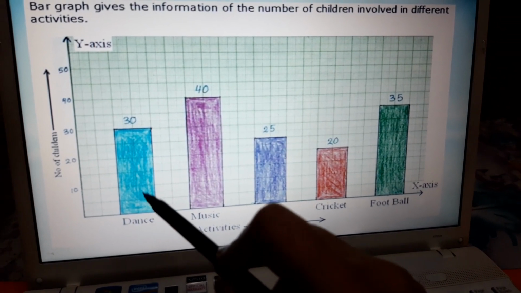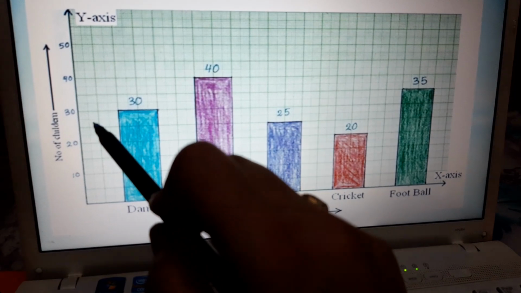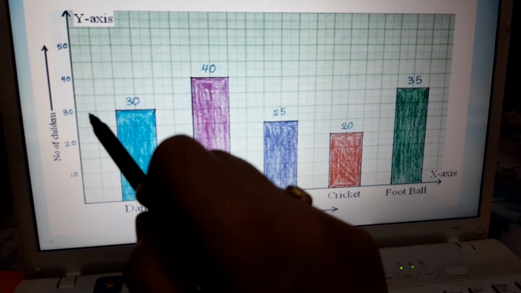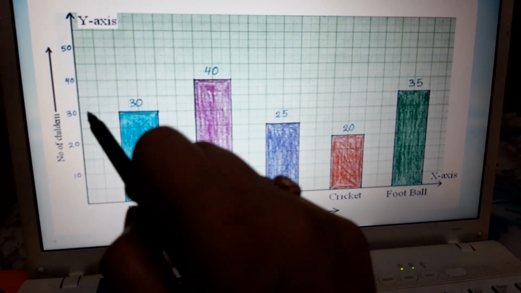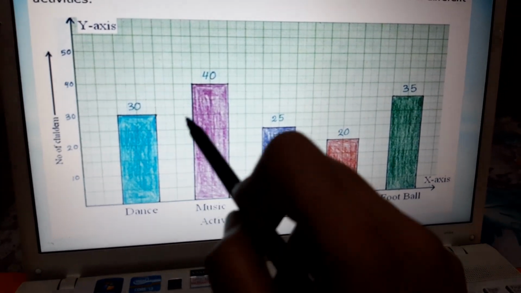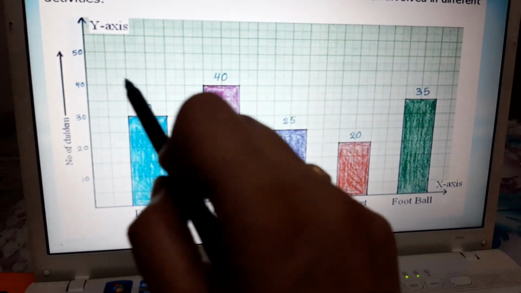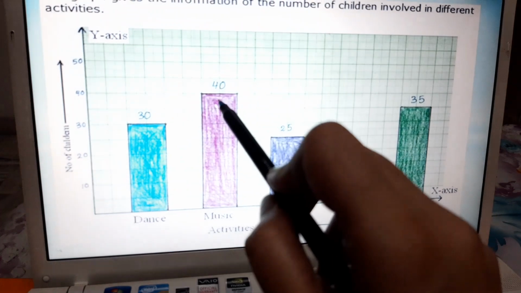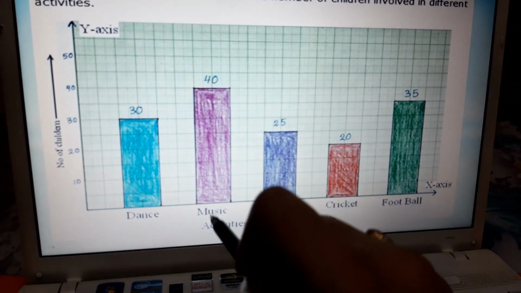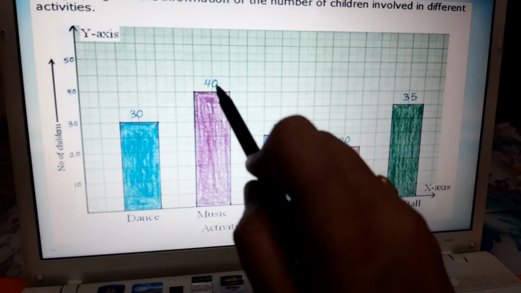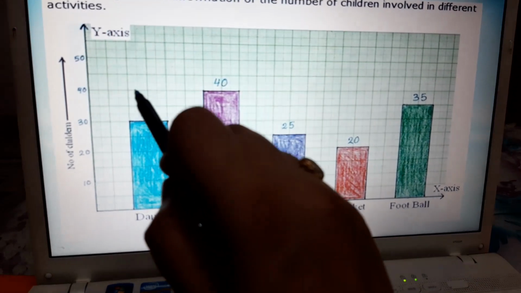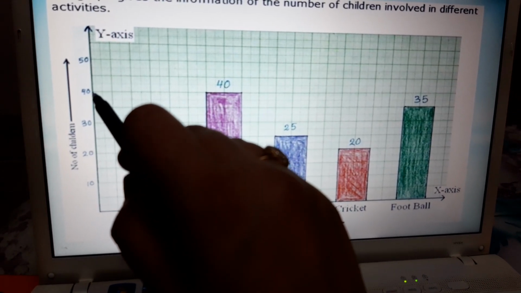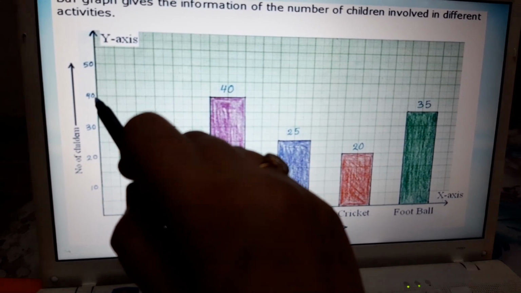Now you can see the dance is having the height of 30. So 30 students are engaged in dance activity. Now this music activity is taken by 40 students. So you can read the graph like this. What is the height? Then you can see on the y-axis, vertical axis, in front of this is 40.